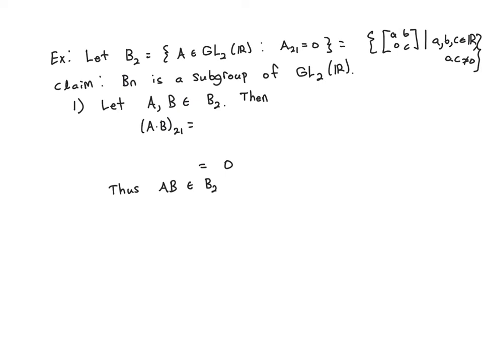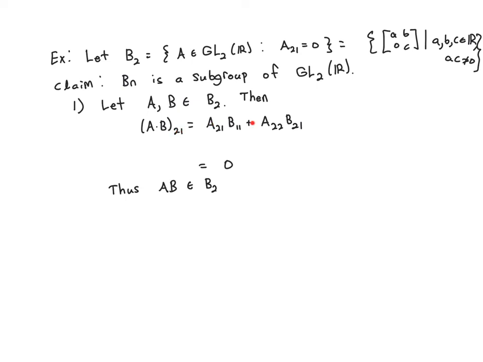Let's do the calculation. Well, what should we do first? Let's calculate this (AB)_{2,1} using the definition of multiplication of matrices. So by definition of matrix multiplication, this is what it should be. So we're looking at the second row.